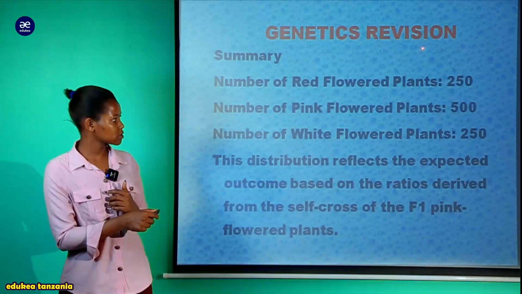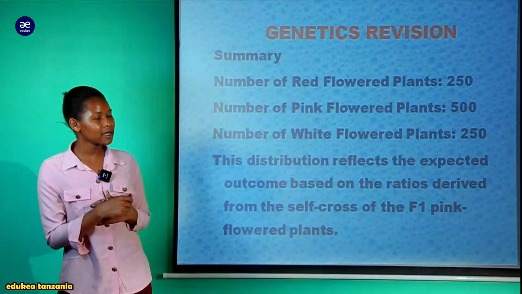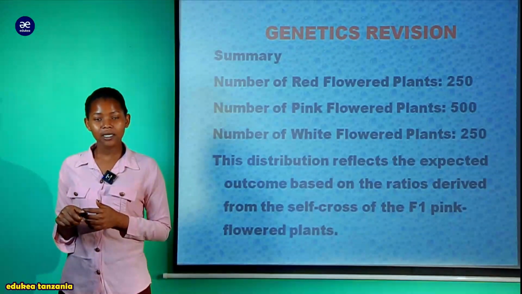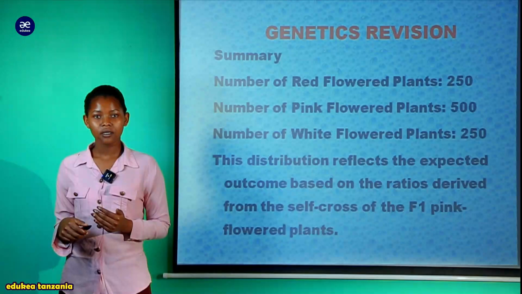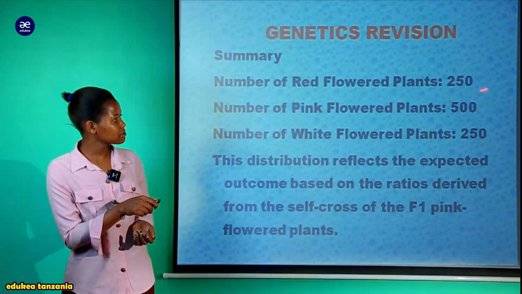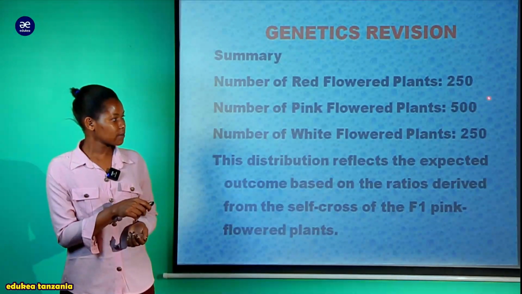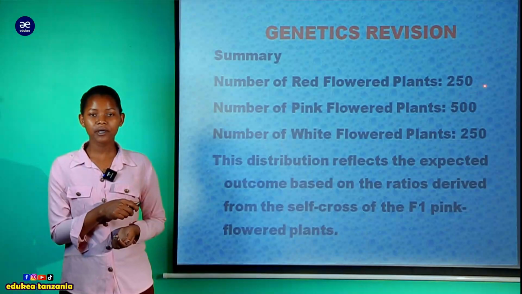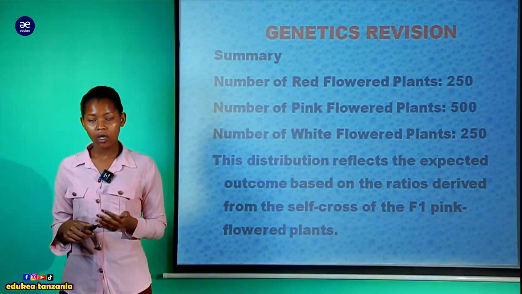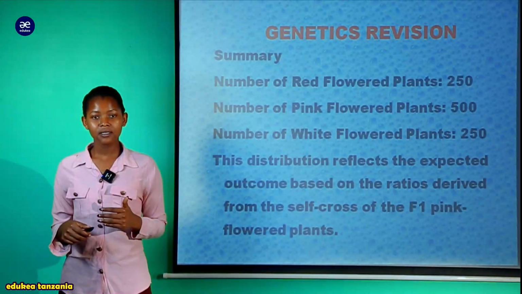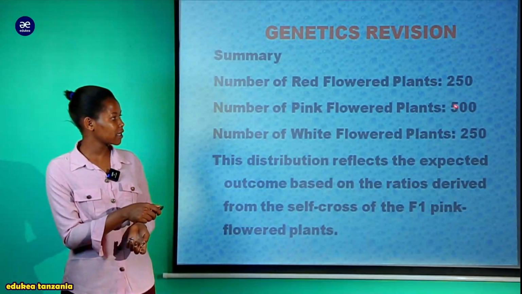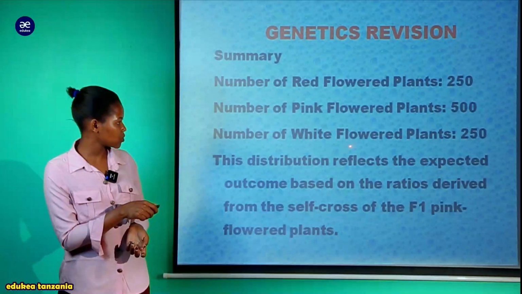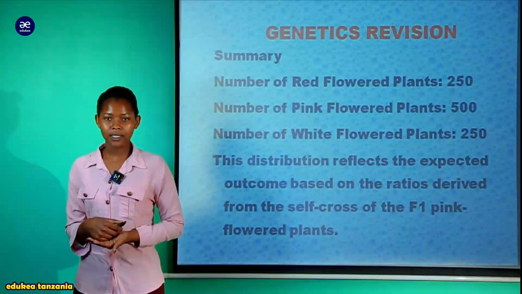For instance, tuchukulie 25% ambao walikuwa ni red flowers, utachukua 25 chini ya 100 utazidisha mara 1000, then utaenda kupata 250. The same kwenye pink flowered plants utachukua 50 over 100 then times 1000, you will end up getting 500. The same applies to number of white flowered plants.